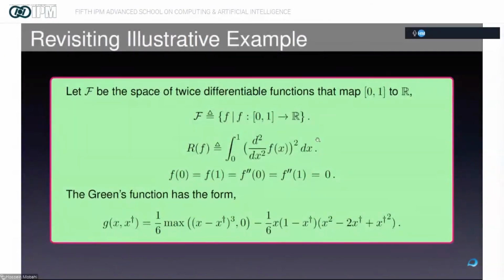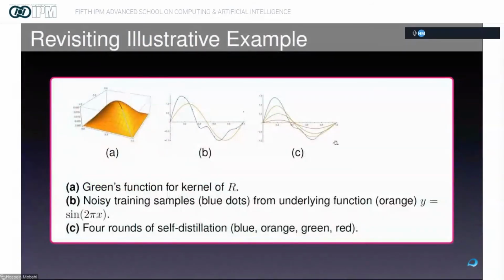If I just use this regularization, L2 loss, and just the closed form solution that I showed earlier, if you just build the prediction function f, you will get this blue curve. But now, if you evaluate this blue curve at these coordinates where I have my training data, only the y component is now changing. The x component is the same. Here it is actually, I think, uniform, if I'm not mistaken.